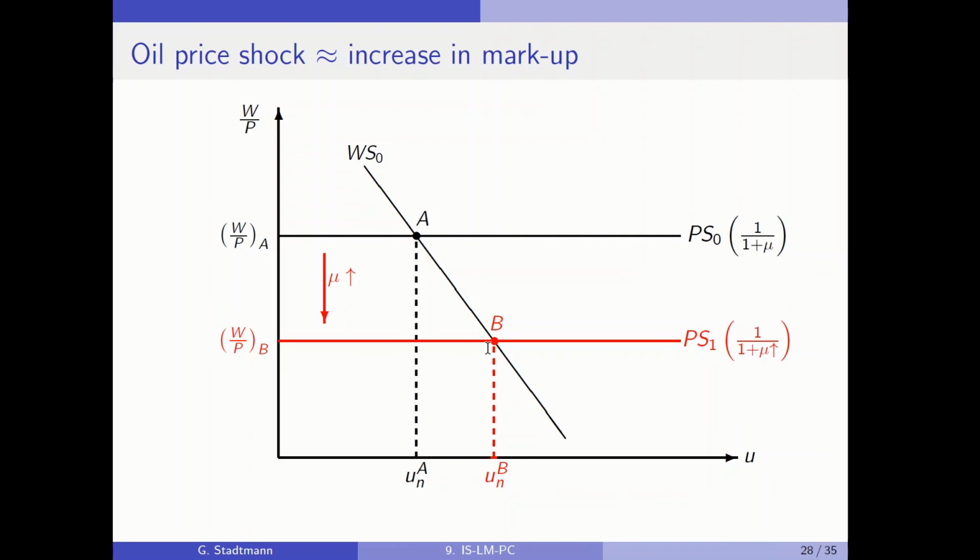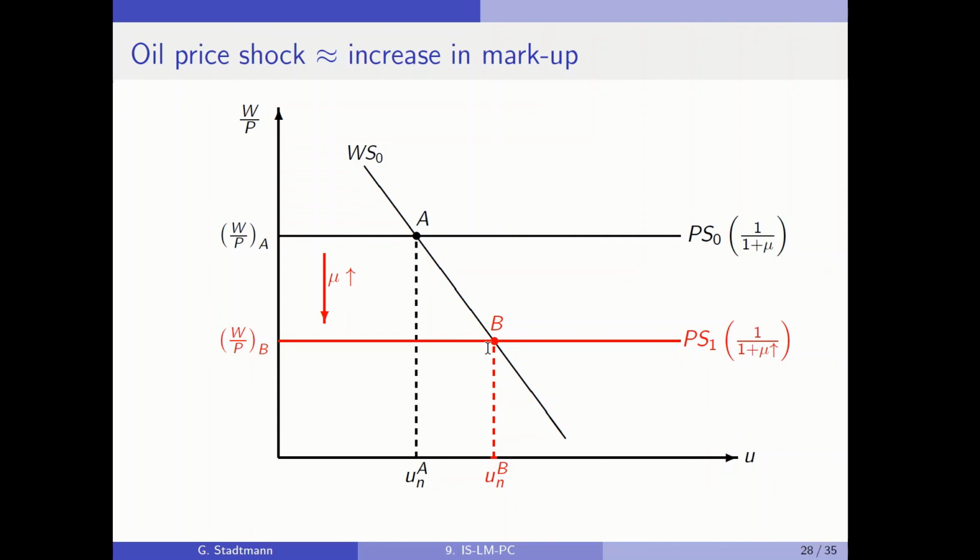So the shock occurs on the supply side of the economy. This is an important insight, that the natural level of unemployment increases, and this is a shock on the supply side of the economy. All the previous shocks we were talking about, they occurred on the demand side of the economy.